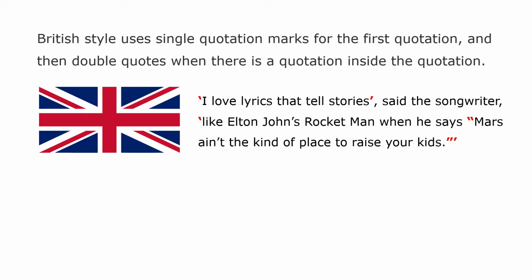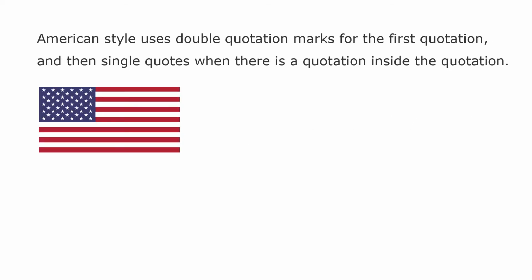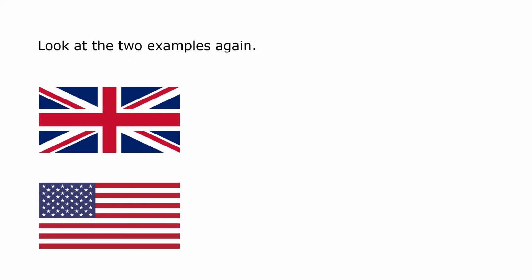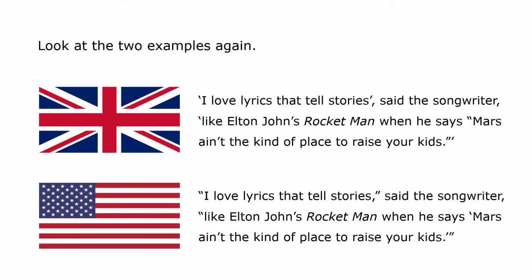The British version. If we look at the American version, American style uses double quotation marks for the first quotation and then single quotes when there is a quotation inside a quotation. And there it is with the American quotation marks. It might be easier if we look at those side by side. Look at the two examples again. Look very carefully.